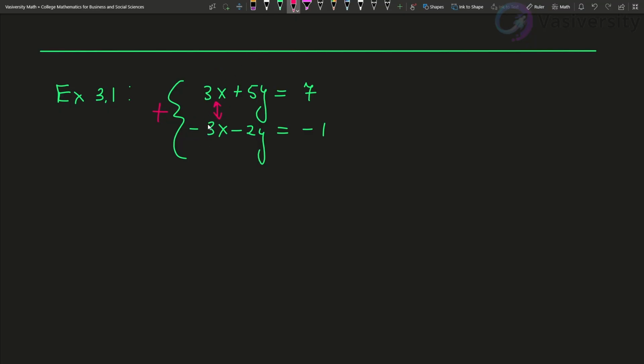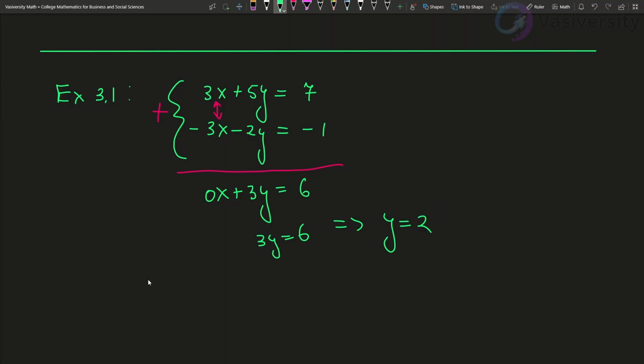So 3x minus 3x is going to be 0x. 5y minus 2y is going to be plus 3y, equal to 7 plus negative 1, that's going to be 6. So we end up with the equation 3y equal to 6. So that means y is equal to 2. Perfect. Then we can simply substitute y equal to 2.